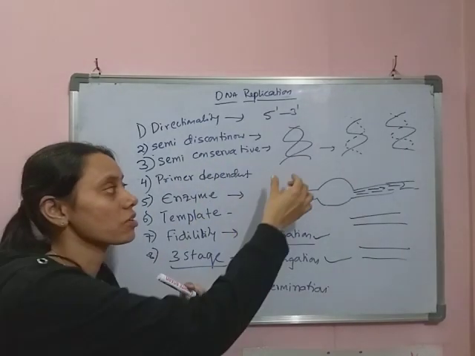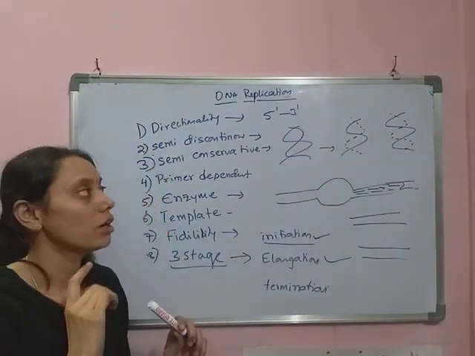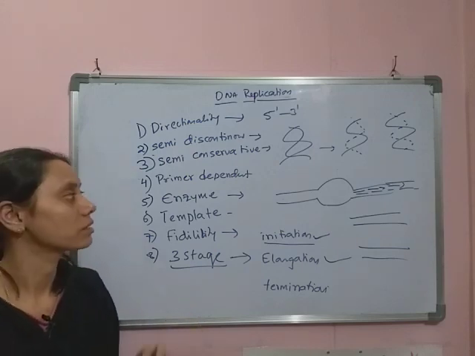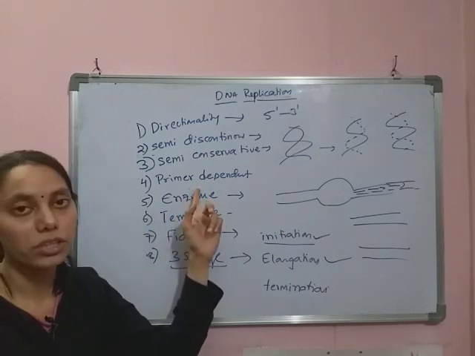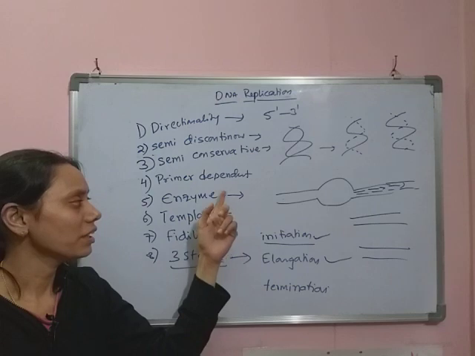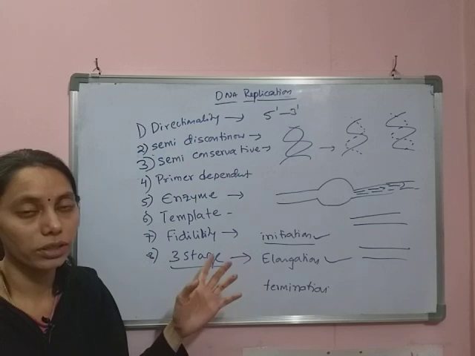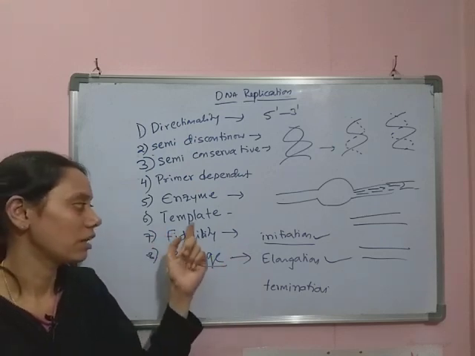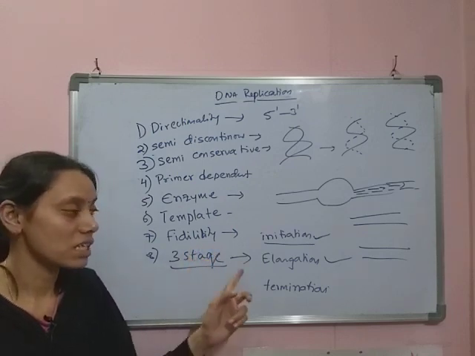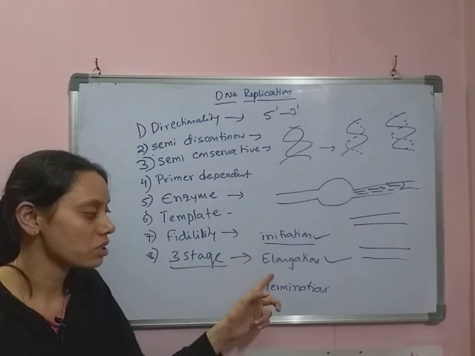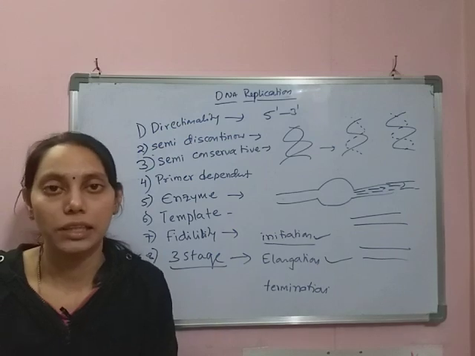That means the parental DNA will be partially preserved among the daughter cells, and it is primer dependent because the DNA replication cannot be initiated de novo, and it is a tightly regulated and enzyme dependent process. There are many enzymes employed in this process. Again, it is template dependent, it has high fidelity, and there are three stages in the DNA replication, that are initiation, elongation and termination. So these are the basic characteristic features of the DNA replication.